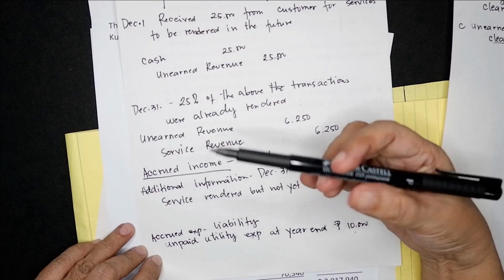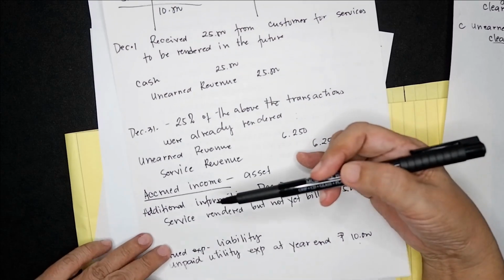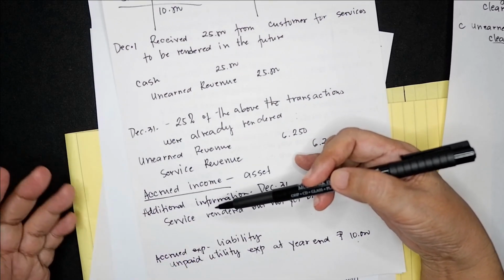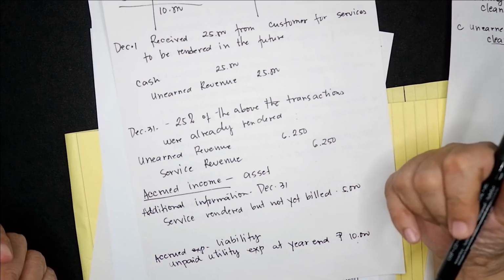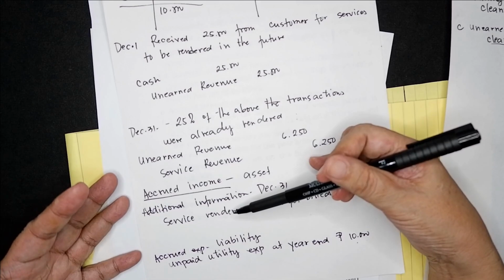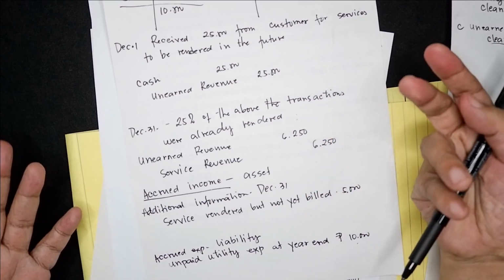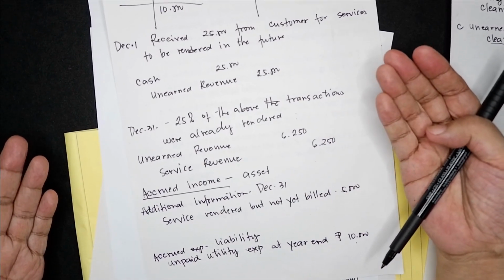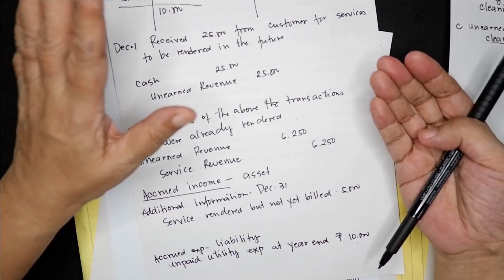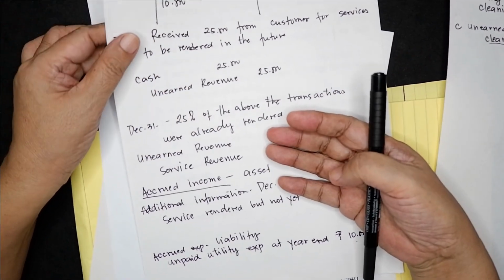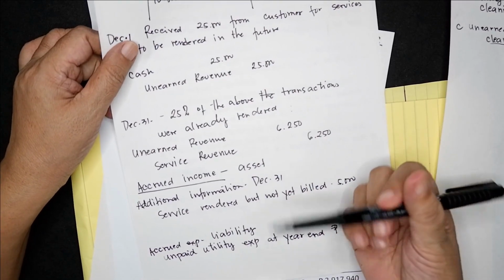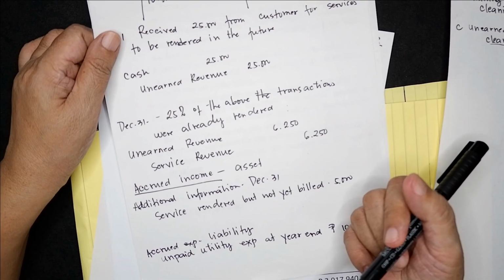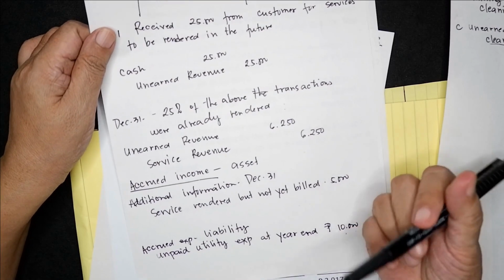So unlike in prepaid expense and unearned income, wherein we have the asset method or expense method, liability method or income method, this time we do not have that method. Again, as I have said, the reason why we prepare our adjusting entry is to record the asset and the income and the liability and the expense, because we haven't recorded it yet.